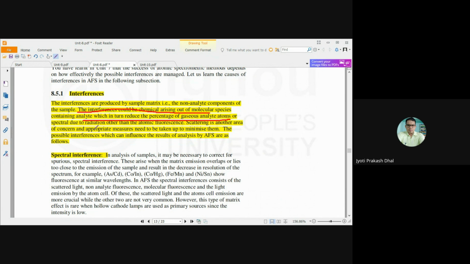The presence of interfering elements decreases the percentage of gaseous analyte atoms, and scattering is another area of concern, so appropriate measures are needed to minimize the presence of interfering elements.